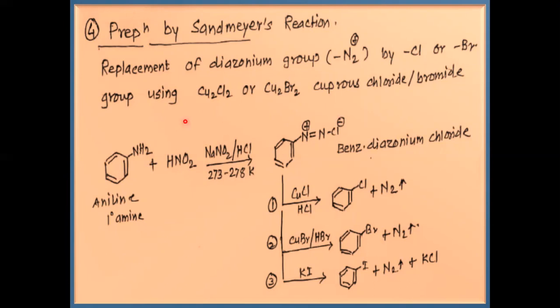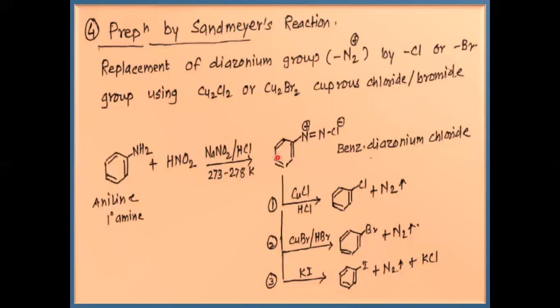So how is this diazonium salt obtained? See here, this is aniline, containing an NH2 group directly bonded to the benzene ring. So aniline plus HNO2, and this HNO2 is obtained by the reaction of sodium nitrite plus HCl at very low temperature.